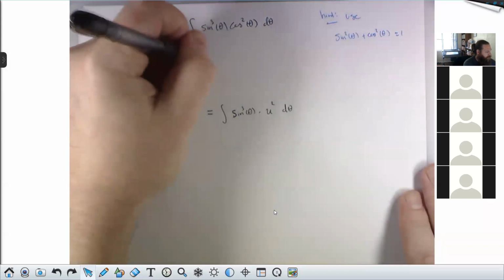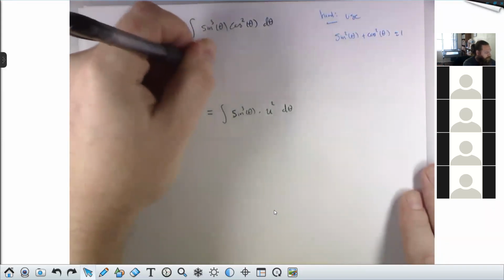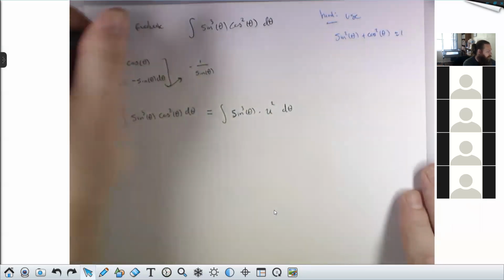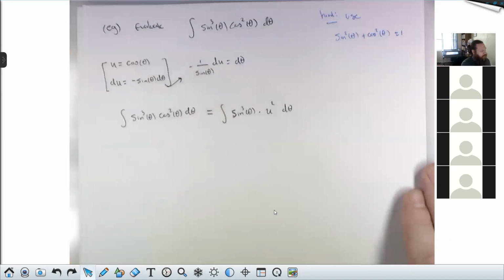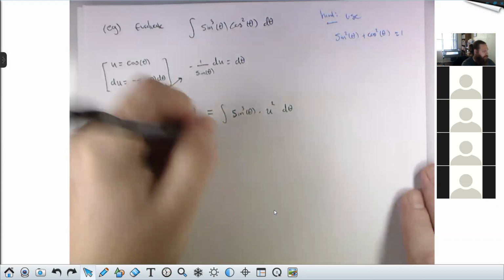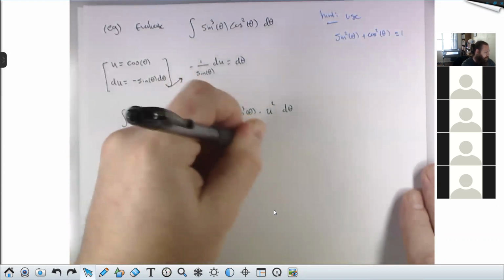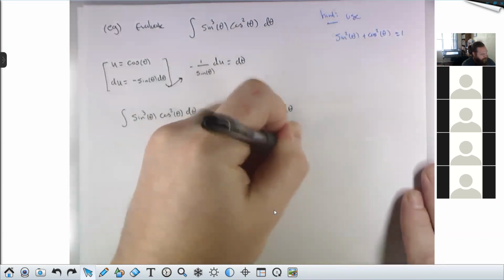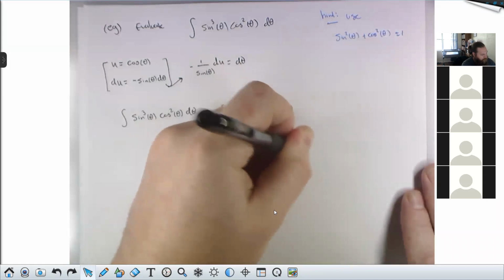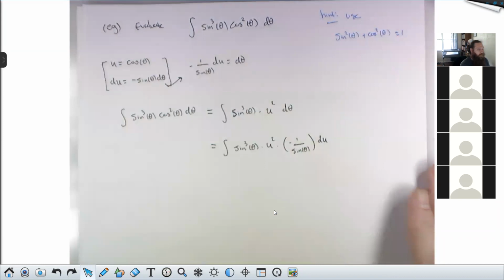This is negative 1 over sine theta du equals d theta. And when I plug that in here, I have my sine cubed theta times u squared times negative 1 over sine theta du.